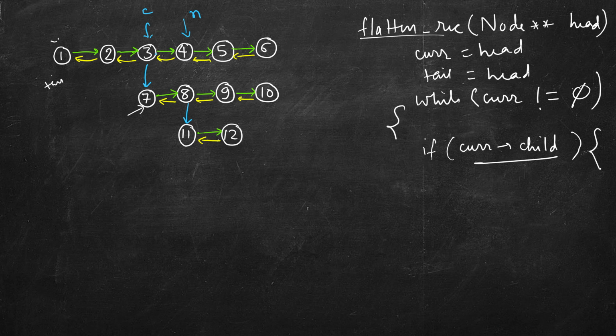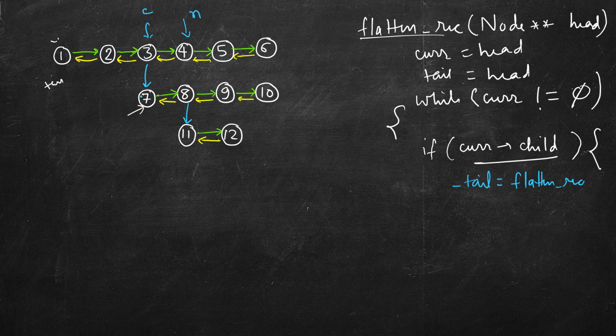Yes, it has. So before advancing current to the next node, our job is to flatten this child and insert it here. So if current.child is present, then tail would equal flatten rec. So we are calling this same function on its child.